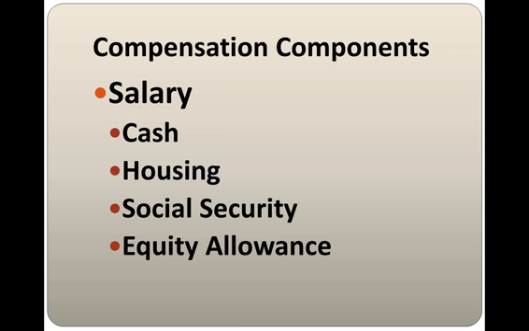So consider giving your pastor an equity allowance if he lives in your church housing instead of purchasing their own home. This gives the pastor the estimated equity buildup if he lived in his own home instead of the church's.